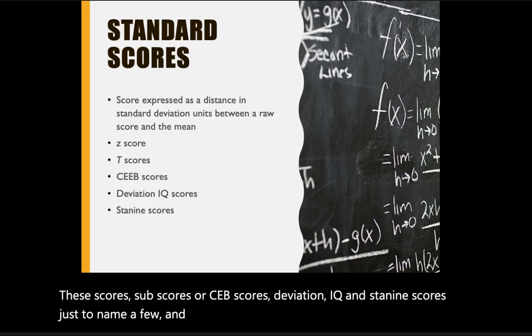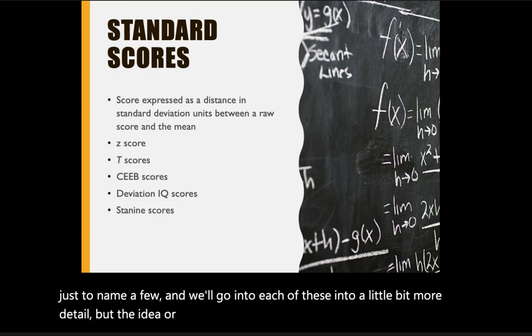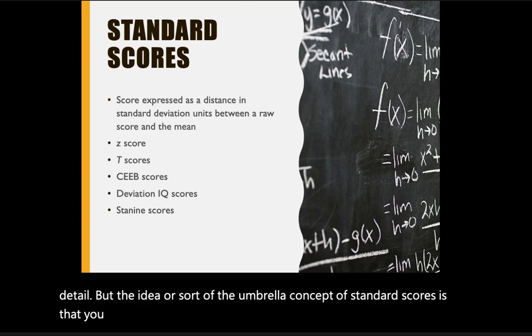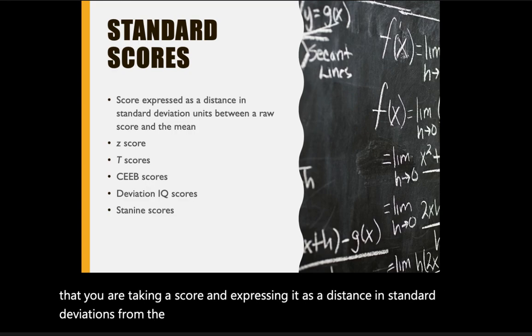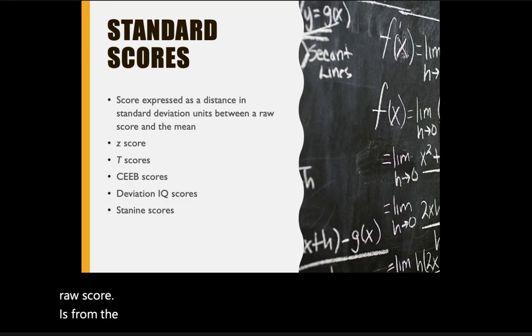We'll go into each of these in a little bit more detail. But the umbrella concept of standard scores is that you are taking a score and expressing it as a distance in standard deviations from the mean, so how many standard deviations someone's raw score is from the mean, the average of that distribution.